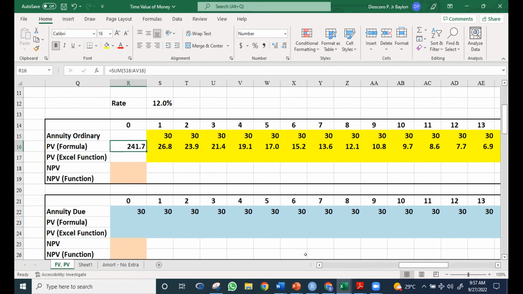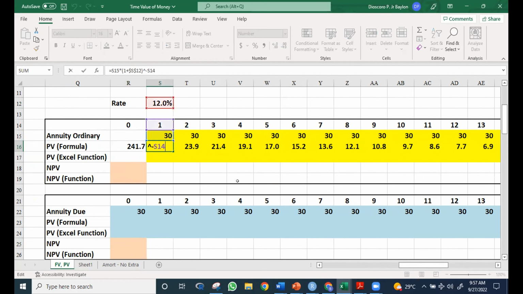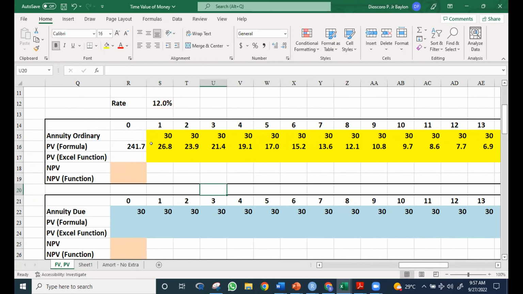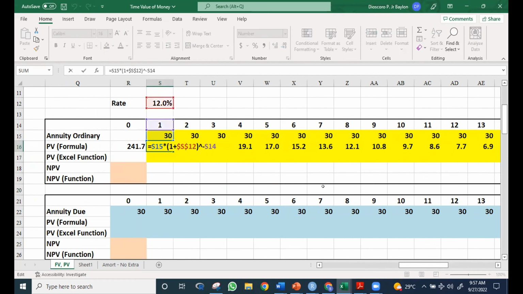Let me pause, and kindly follow along, please. Let me show the formula here, and then copy to the right. Take note that they are all converted to present values, and thus we're able to add them.